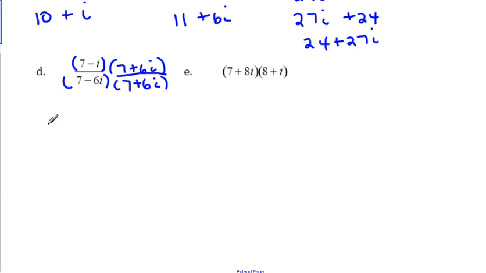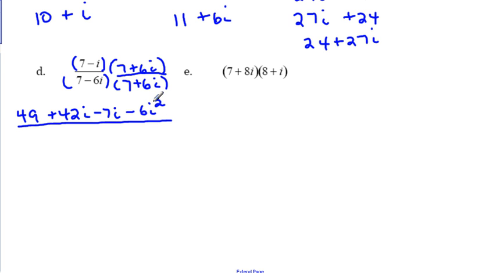So in my numerator, I'm just going to FOIL. 7 times 7 is 49. Outer, 7 times 6i is plus 42i. Inner, negative i times 7 is minus 7i. And last, negative i times 6i is minus 6i squared. There's my numerator.